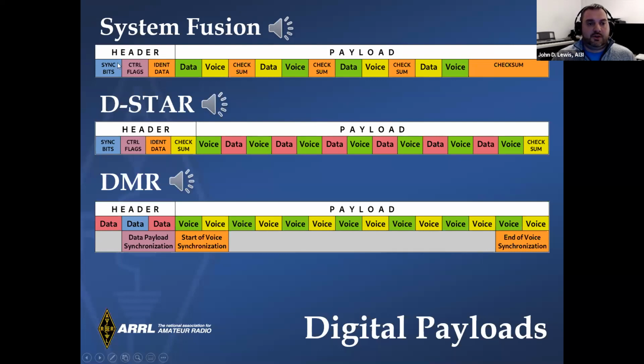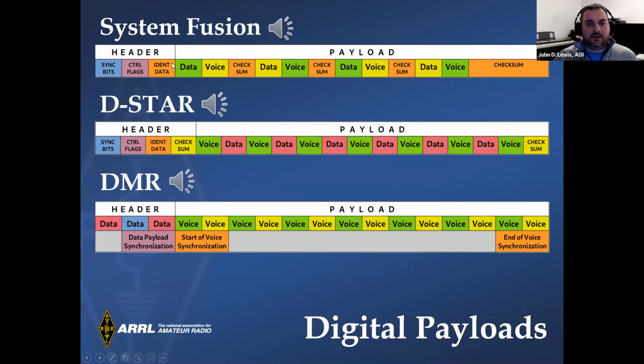System Fusion, just to give you an idea of what's happening, sends synchronization bits, basically to tell the other radio, hey, I'm about to make a transmission, listen up. It sends some control flags in there, which ride on top of the sync bits and say, okay, I'm about to send data or voice or whatever. Then it sends identification data, for example, your call sign.